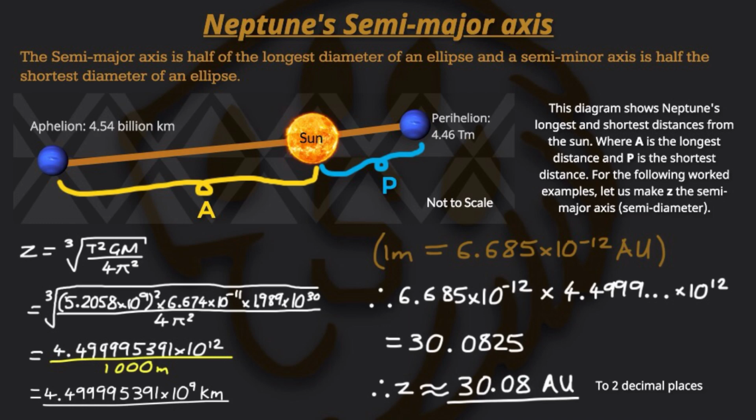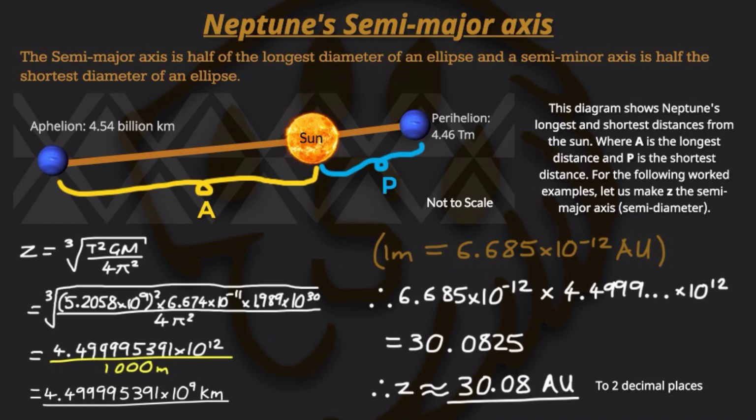So with this formula, we're going to substitute our values. We have the period, which we calculated, which was in seconds. Remember, in International Standard Units, which is SI units, we use seconds, not the years that we calculated, but we use the seconds, which are 5.2058 times 10 to the power of 9 seconds. And then we cube root everything.